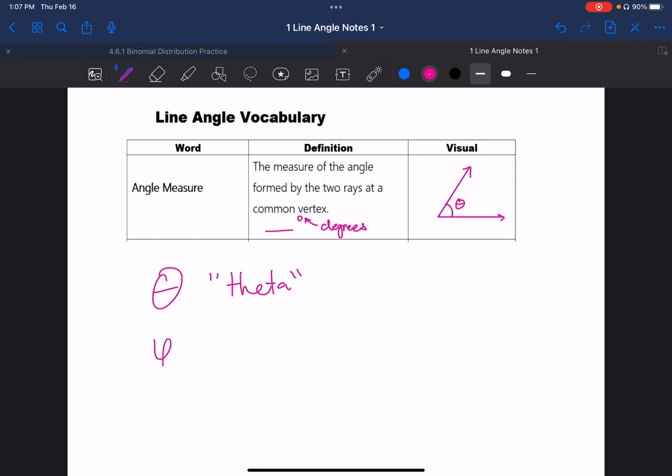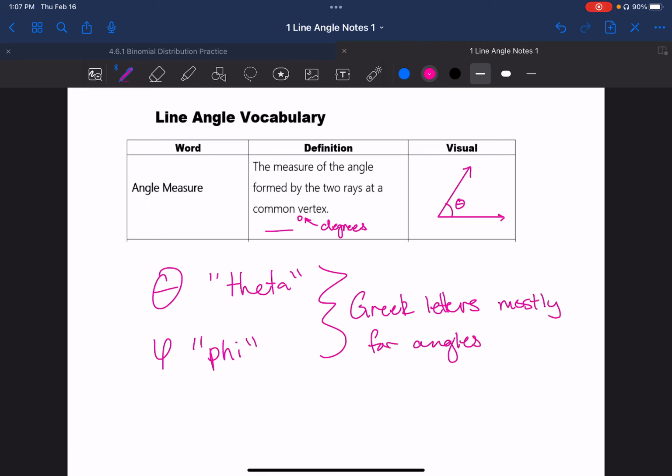Another one we'll use is phi, for times when we're trying to describe multiple things. But these are Greek letters, mostly for angles. Now, you will see them in other places to describe different functions.